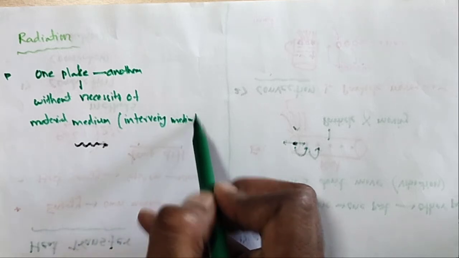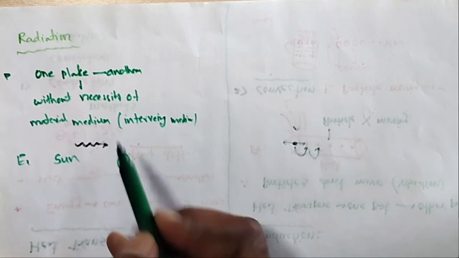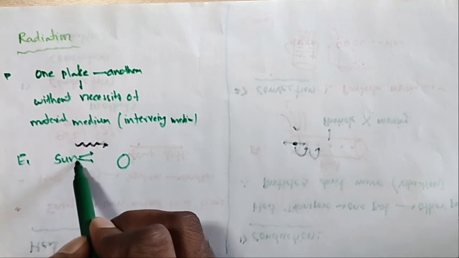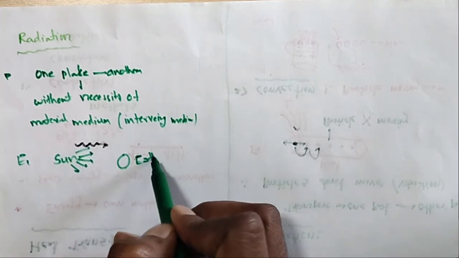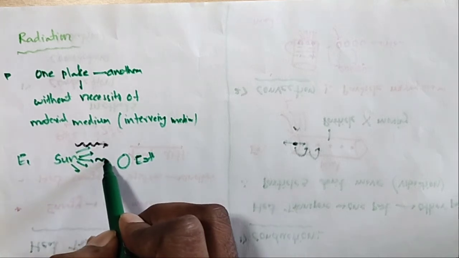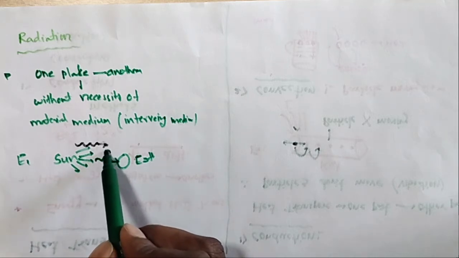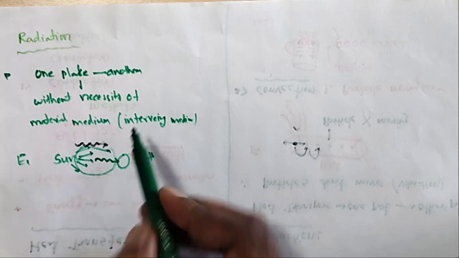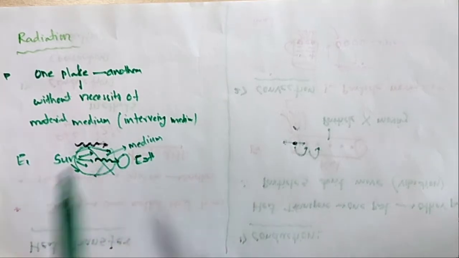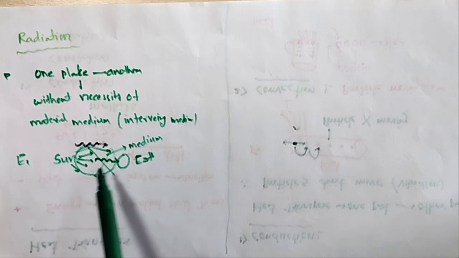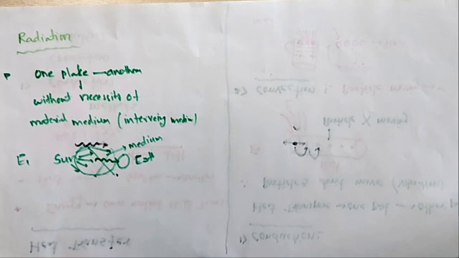For example, the sun and the earth. The sun always gives radiant energy, and the earth receives it over a very long distance, but between the sun and the earth there is no medium. Still, heat is transported from one place to another. This mode of heat transfer is called radiation.